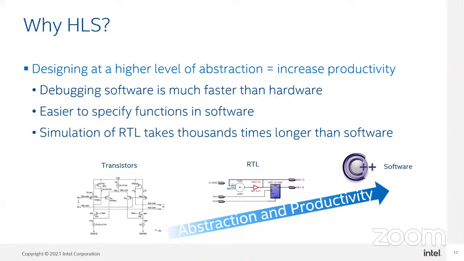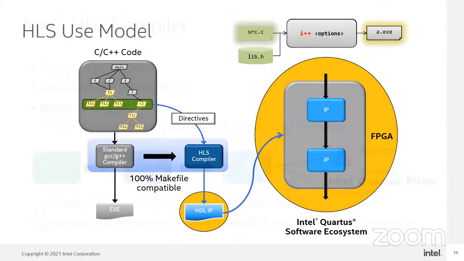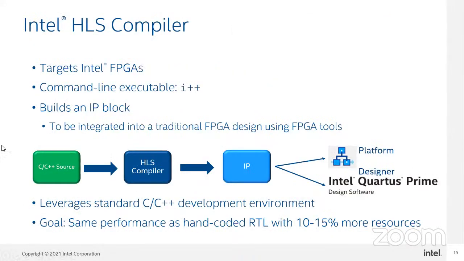But is that providing you similar kind of results? What is our goal? That's what I'm going to show you here. You take the C or C++ code, take that to the HLS compiler, convert that into IP and take it to the Intel Quartus Prime design software. We want the same performance as hand-coded RTL with 10 to 15% more resources.